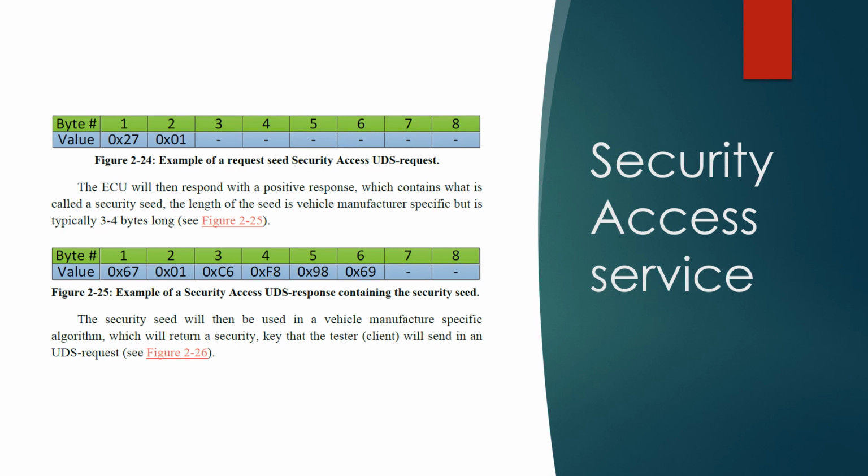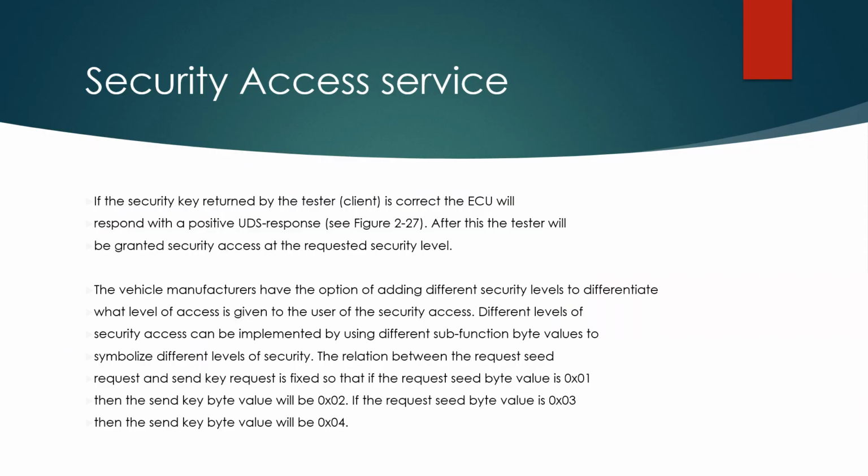We can get a 3 byte or 4 byte seed value depending on our specification and the algorithm being used. You can see that the security seed will then be used in the vehicle manufacturer specific algorithm. This will be the input to get the security key. You can read out the details through this information.